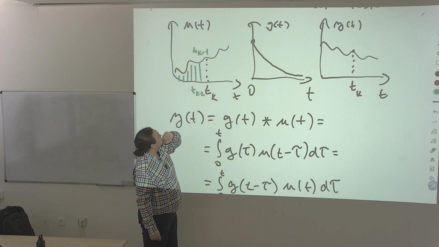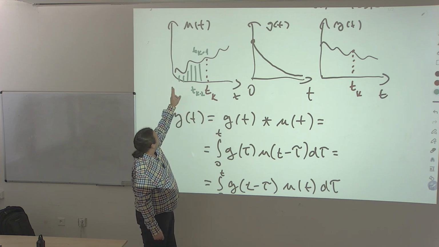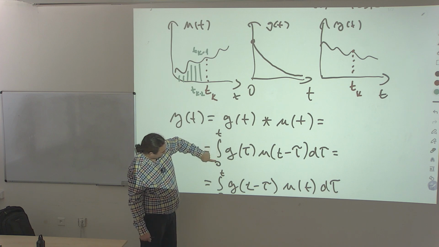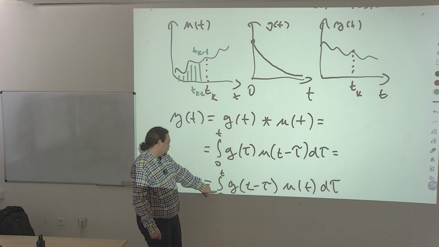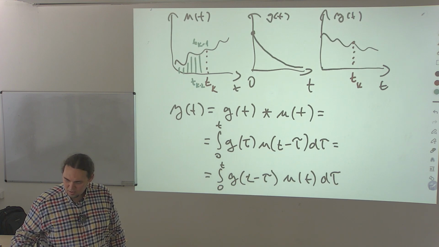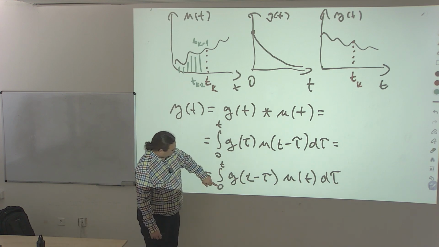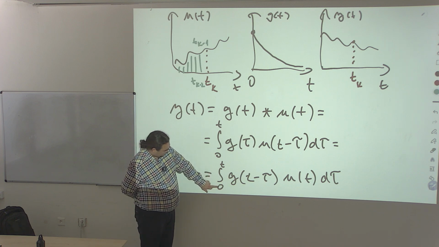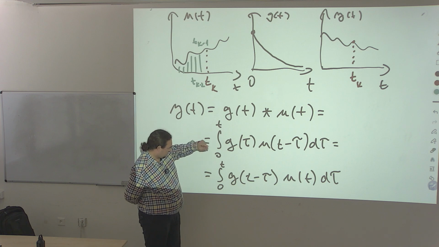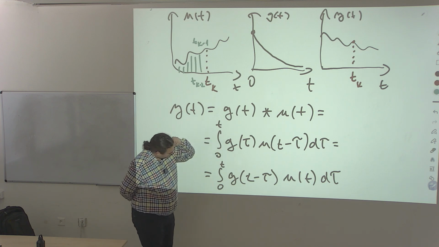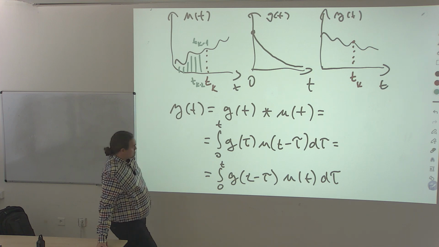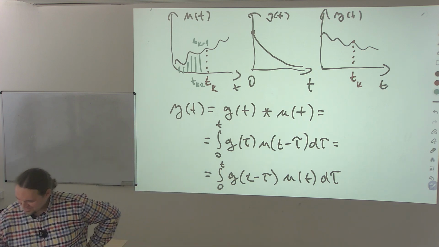So basically, it should say what? For the input that happened a long time ago, let's say at point 0, it would actually... Did I write it in the correct order?